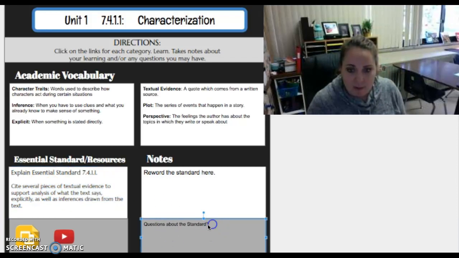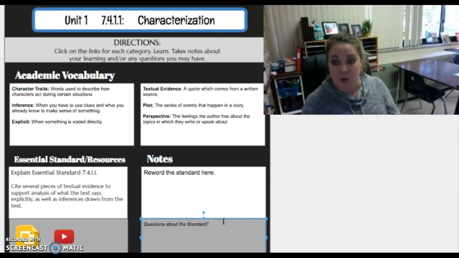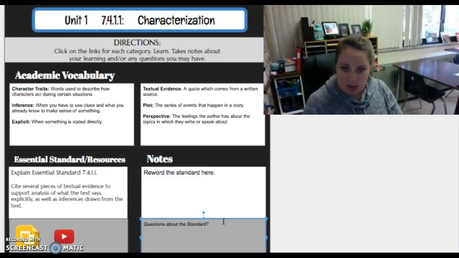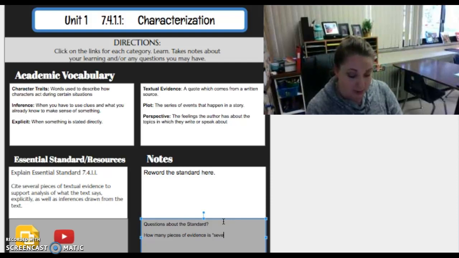Any questions that you have about the standard, you could type in here. And then those are things that you should ask me about when you have time, or when I have time, right? Set up a conference with me, or ask in a quiet moment, and that sort of thing. So a question might be something like, how many pieces of evidence is several, right?